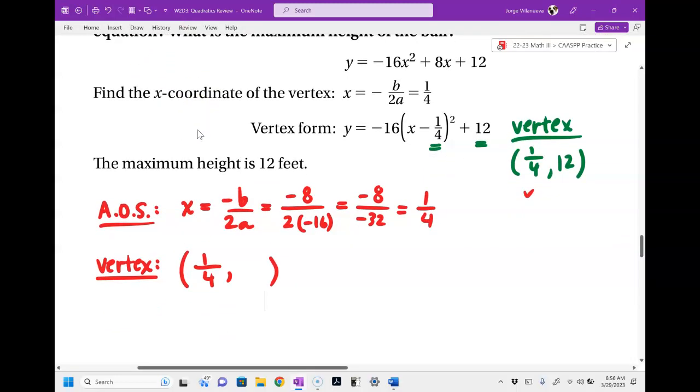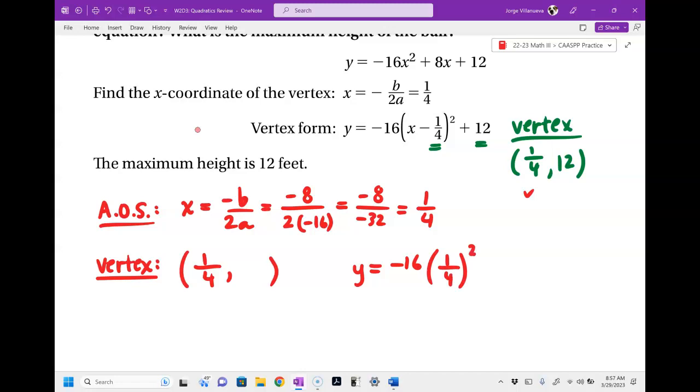Okay, now to figure out that something, let me plug it into the y equal to equation. So y equals negative 16 times 1/4 squared plus 8 times 1/4 plus 12.